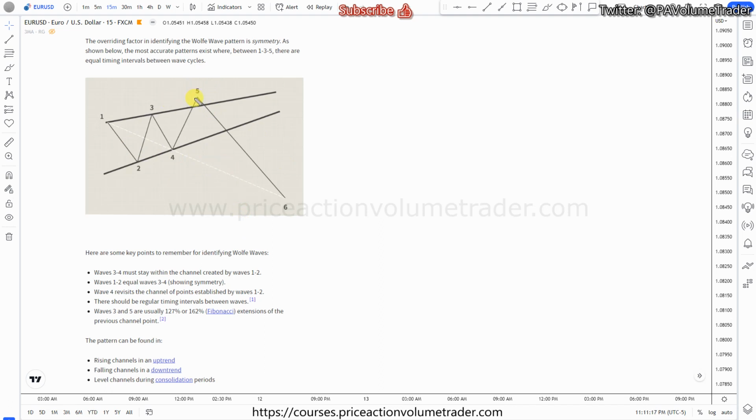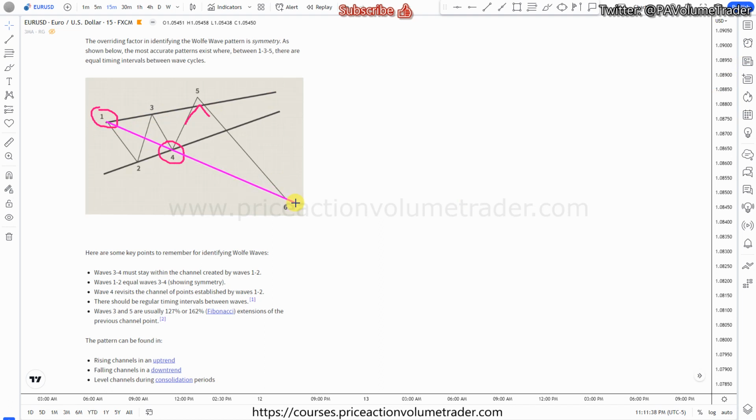And what we do with this again is we wait to see point 5. Ideally, you have a false breakout, but you can just touch it precisely and then start coming down. And then you're going to trace a line between points 1 and 4 that you're going to project.